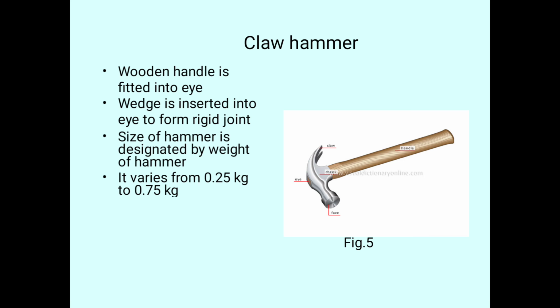So what is the weight? The weight of the claw hammers ranges from 0.25 kg to 0.75 kg. This will be the range.